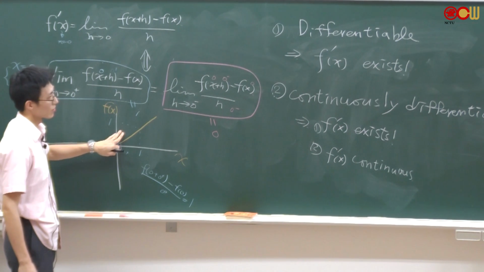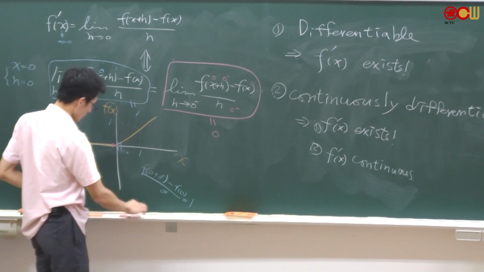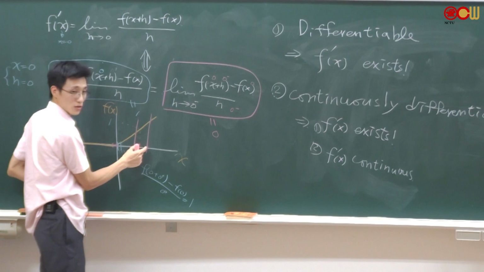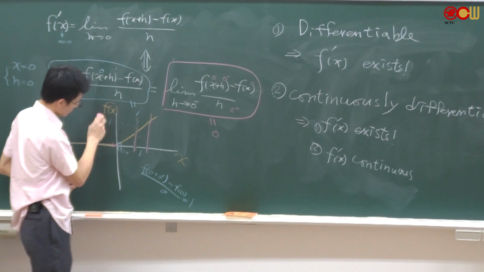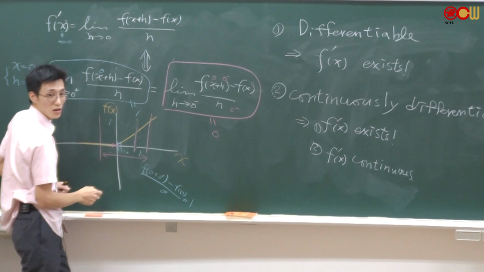It's not differentiable, right? Because if I say from here to here, it's differentiable in this region. Yes, right? But it's not differentiable in this region because of this point here.